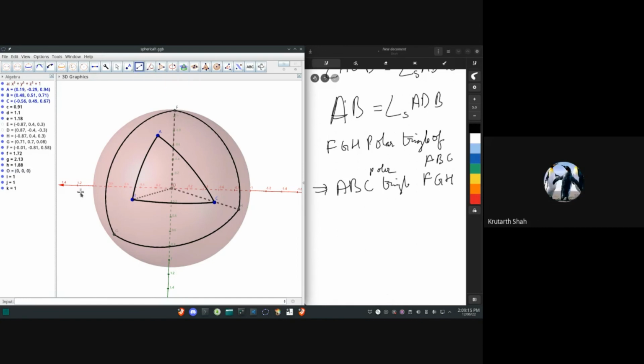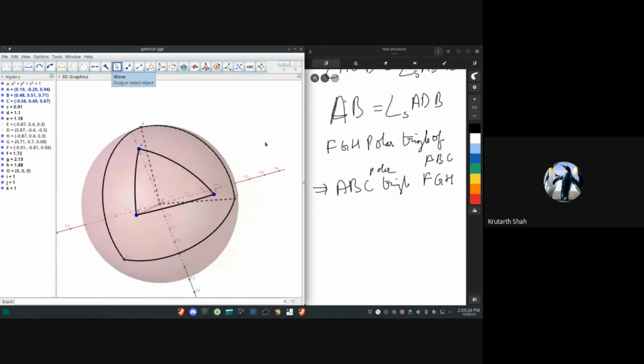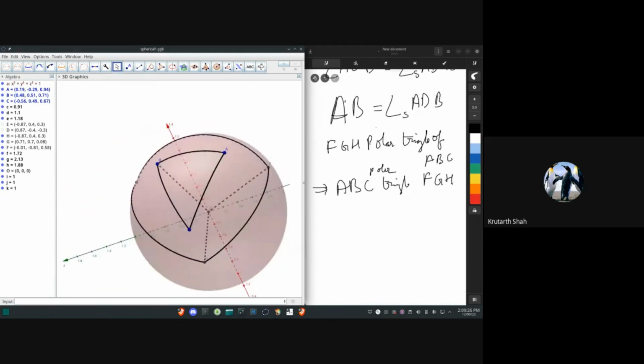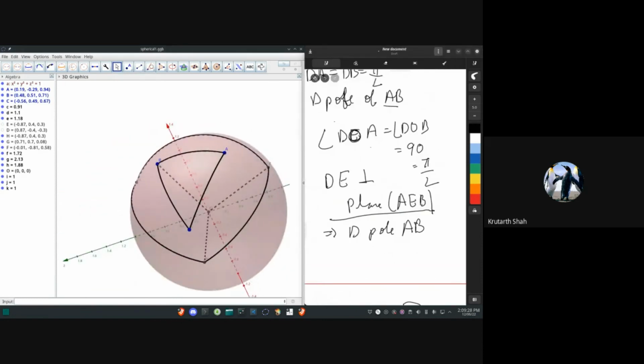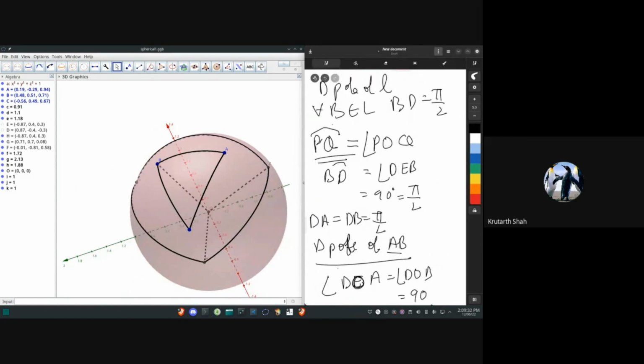Perfect. And you do that 3 times. And yes, it works. Basically, since F is the pole of BC, angle BOF is 90 degrees.